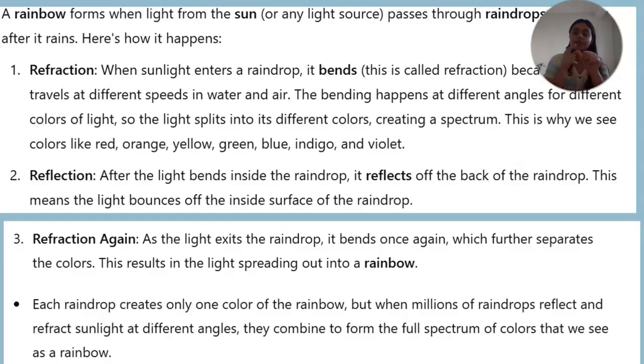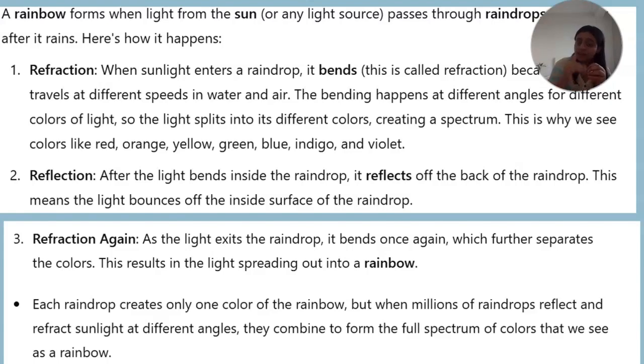In the rainbow, refraction happens when the sunlight bends as it comes inside the raindrop. Then, after the light bends inside the raindrop, it gets reflected back inside the raindrop. This means the light bounces off the inner surface of the raindrop.